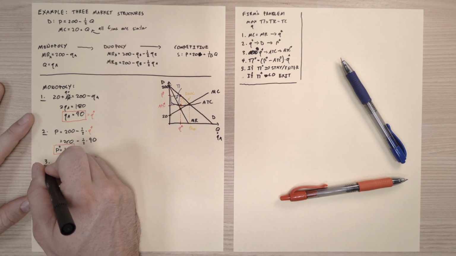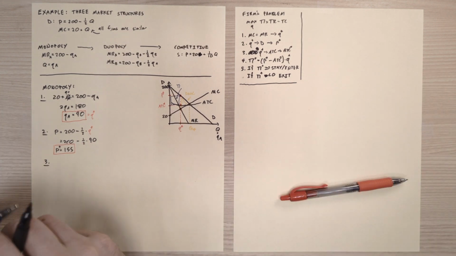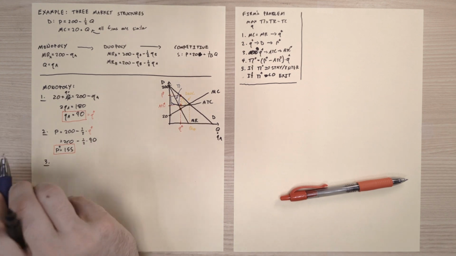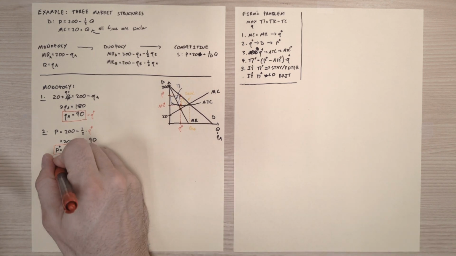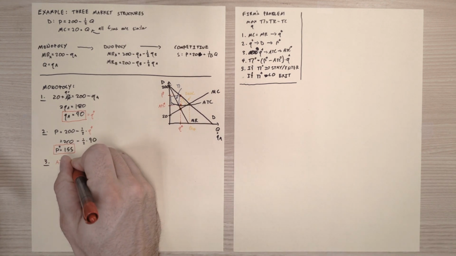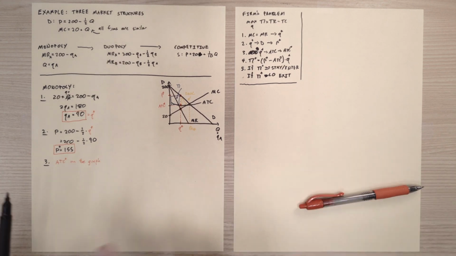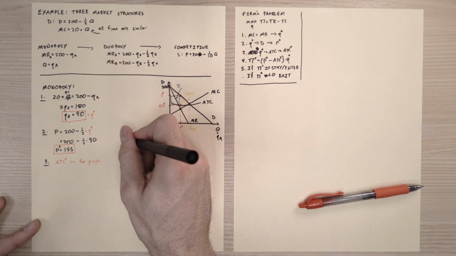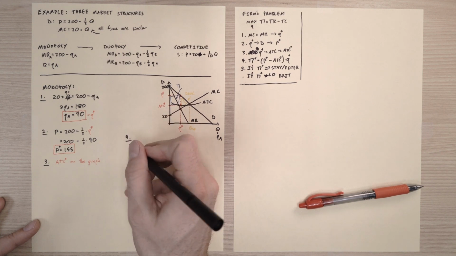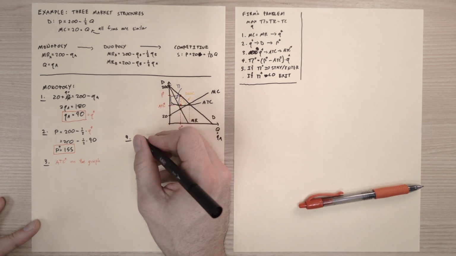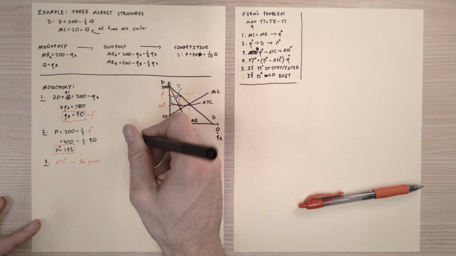So step 3 is just ATC star on the graph. And then step 4, profit is on the graph.